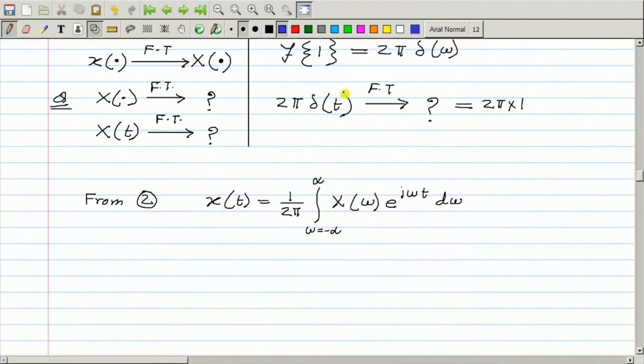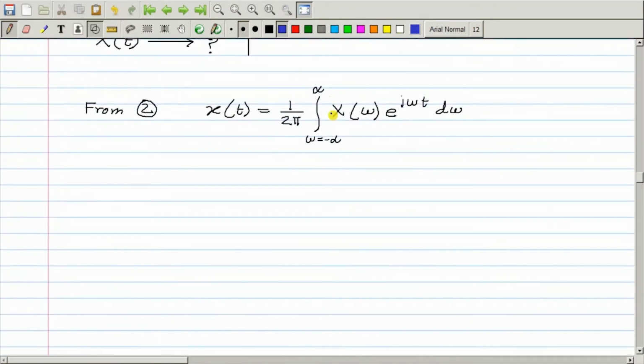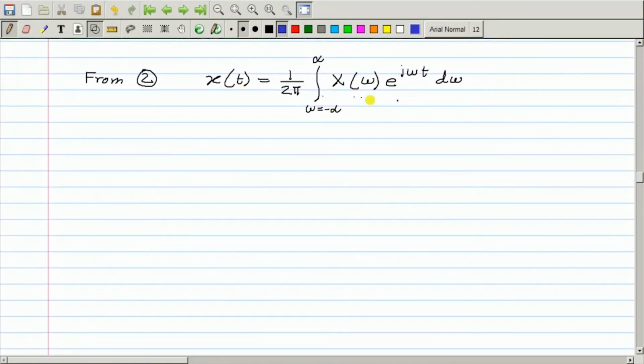Now please observe that in forward and inverse Fourier transform, the role of these two variables t and omega is swapped or interchanged. Keeping that in mind, here in this equation I shall try to swap the names of these two variables t and omega.